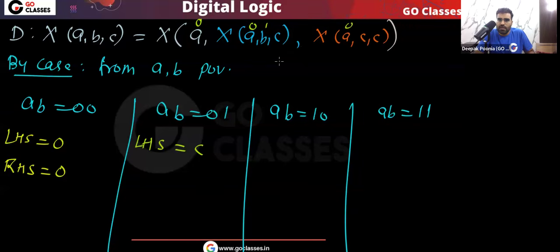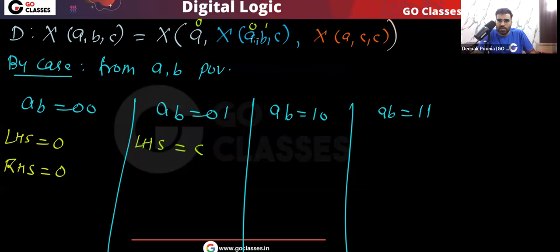Now notice one thing here, that A is 0 and both components here are C. Okay, look at this X. Here you can see the second and third component they are C. So if C is 0, this third component will be 0. If C is 1, this third component will be 1. So this third component is same as C. Correct? Okay, so remember this, that third component is same as C.